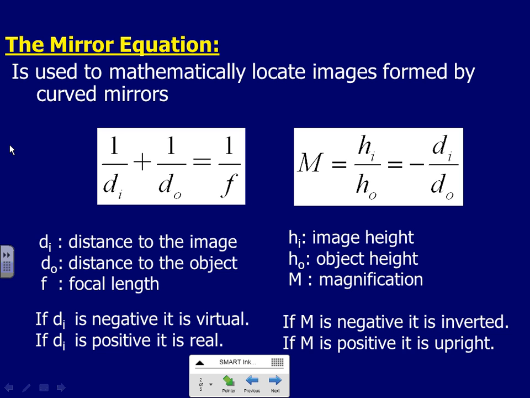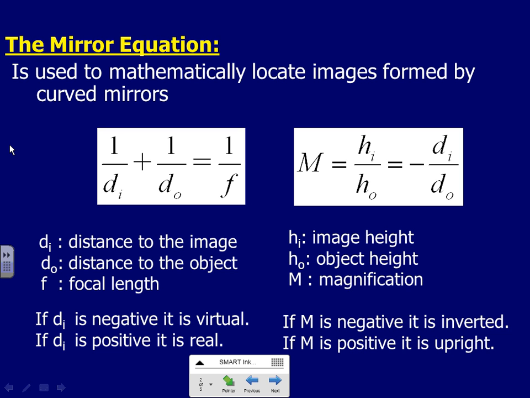So if I have a decimal value, the image is smaller than the object. If the image is exactly the same as the object, I'd have a magnification of 1. They would be the same. Okay?